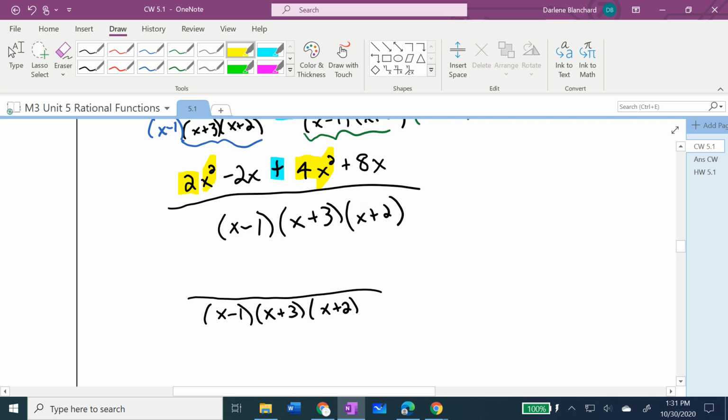So I'm going to add 2x squared plus 4x squared to give me 6x squared. Then I have a minus 2x and a plus 8x. Those can combine, and I have plus 6x.